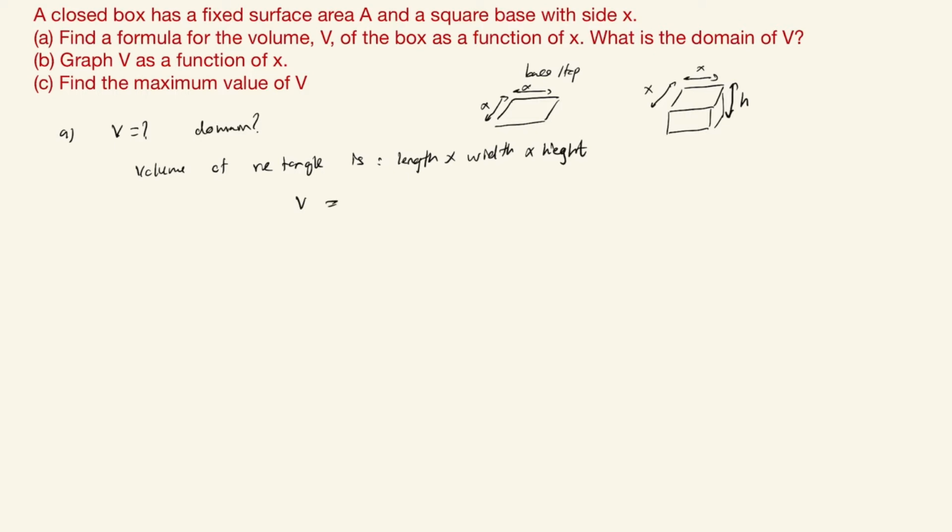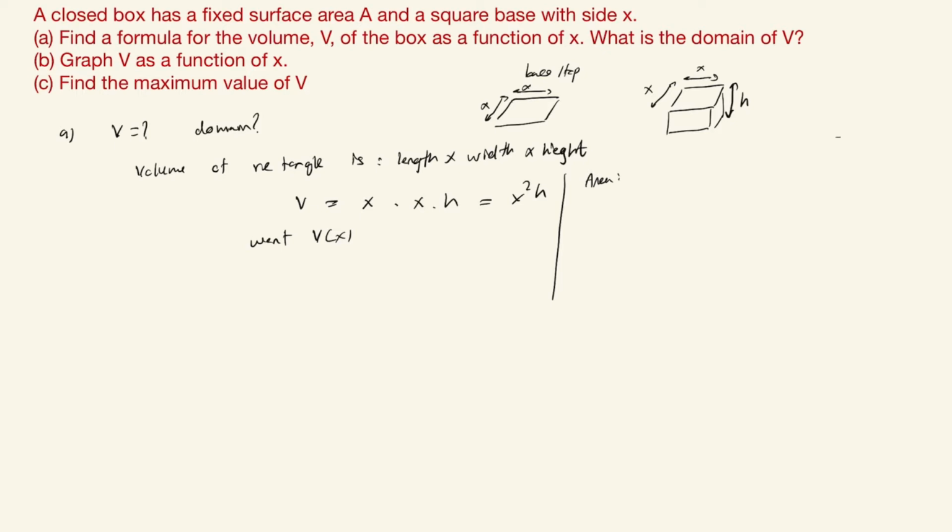Now the volume is equal to the length x and the width also x and the height h. Therefore the volume is x squared multiplied by h. Now A asks us to write the volume in terms of x, so we want to write h in terms of x.